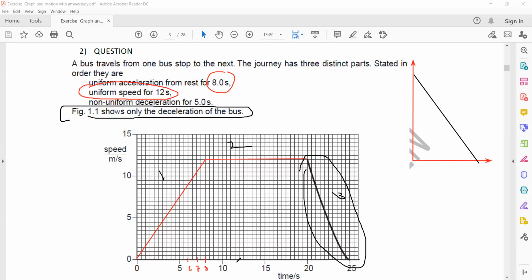Is this question clear? The non-uniform part is already drawn, you don't have to draw it. You just have to draw a uniform acceleration and a uniform speed. Uniform means constant.